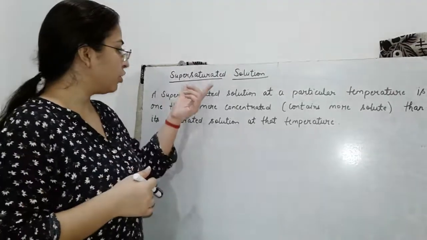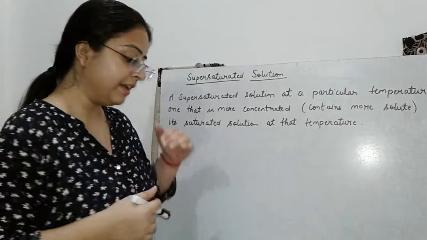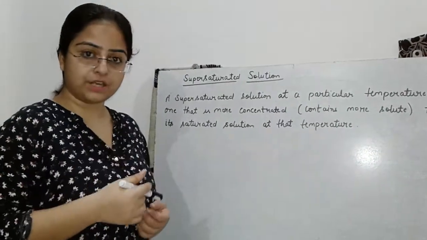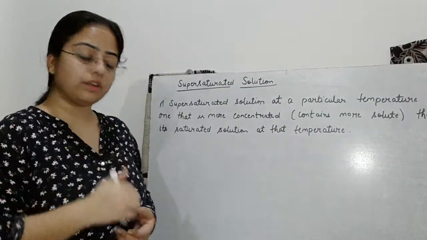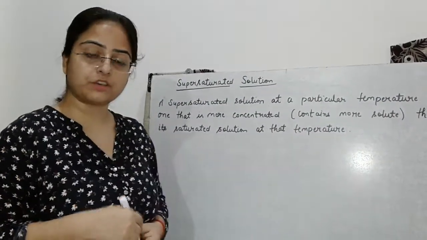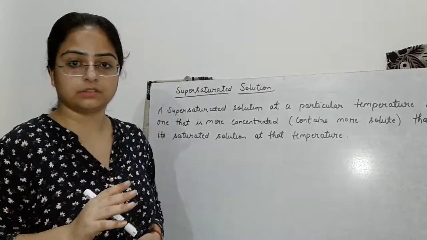Now if we want to cool a supersaturated solution back to room temperature, or bring the temperature down to a normal temperature, then there are two conditions so that crystallization should not occur.